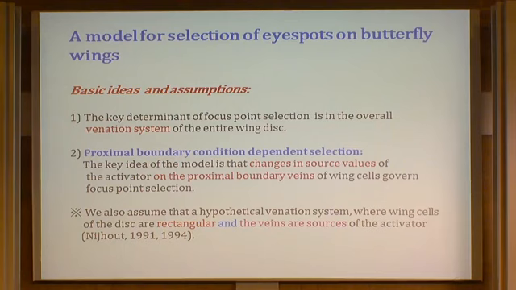And to analyze mathematically or computationally, we follow a hypothetical venation system where wing cells are rectangular and they are sources of the activator.